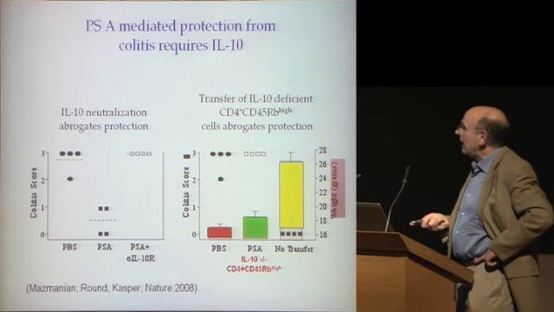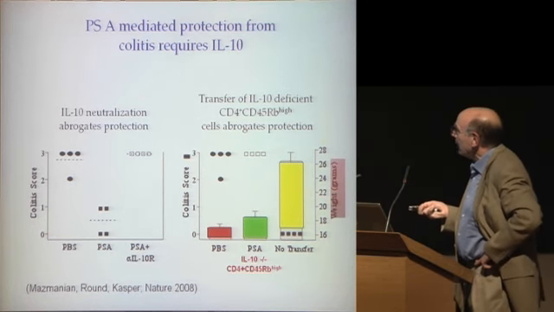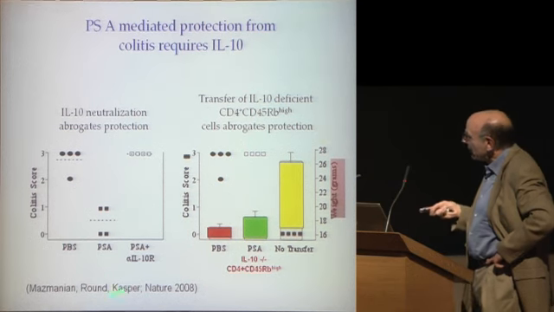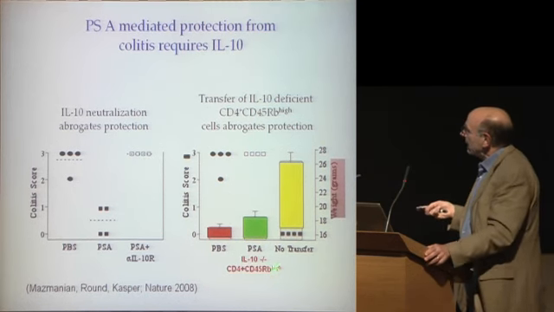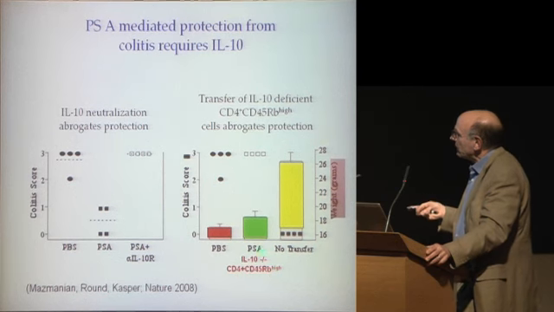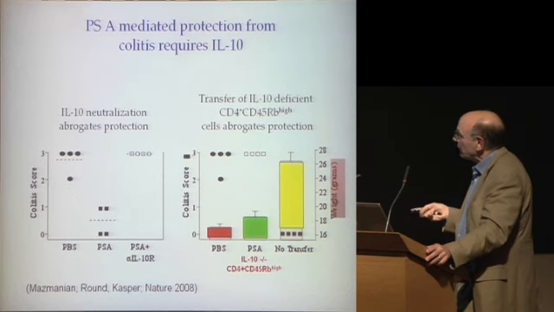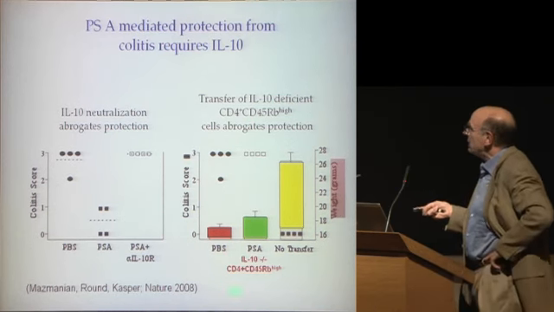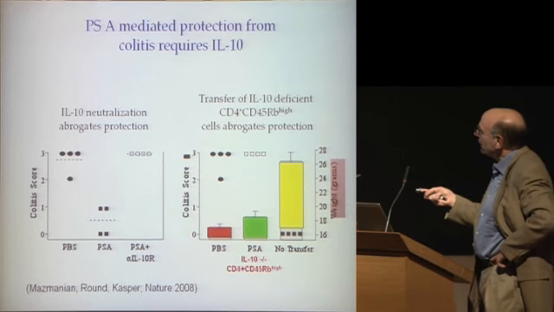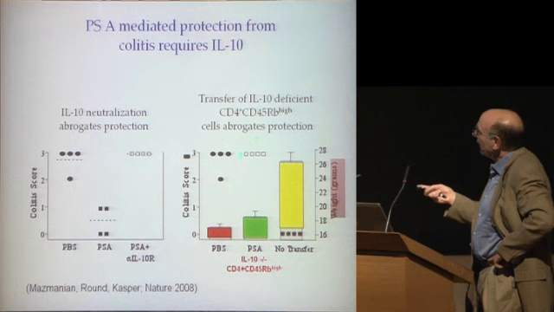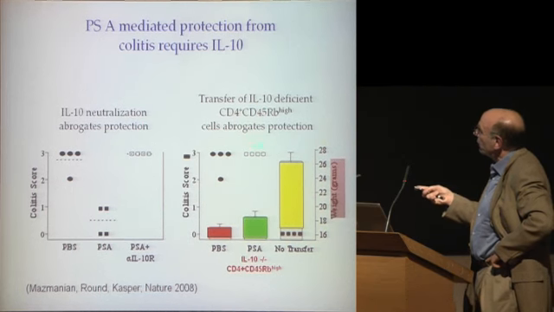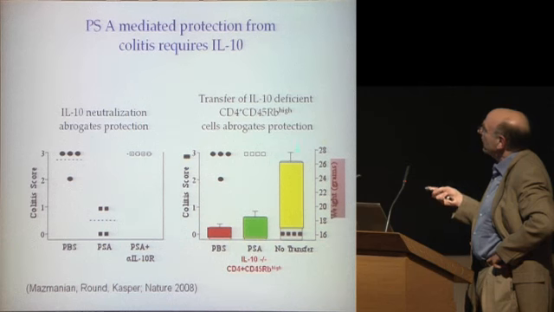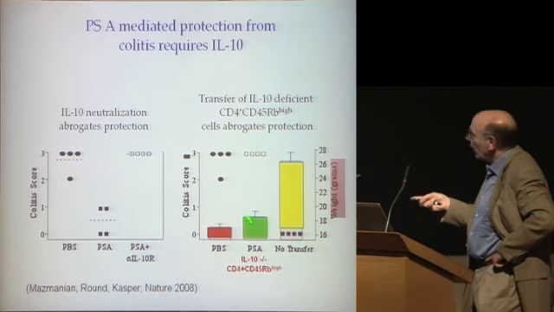Was this IL-10 being made by T cells? We did the same model, but this time the CD45RB high cells came from IL-10 deficient animals. Remember, you're putting them into RAGs, so they have no T cells of their own. And if you just look at the dots, not the colored, in fact, PSA was no longer protective. These are weights of animals, the colors. So low weight is good.